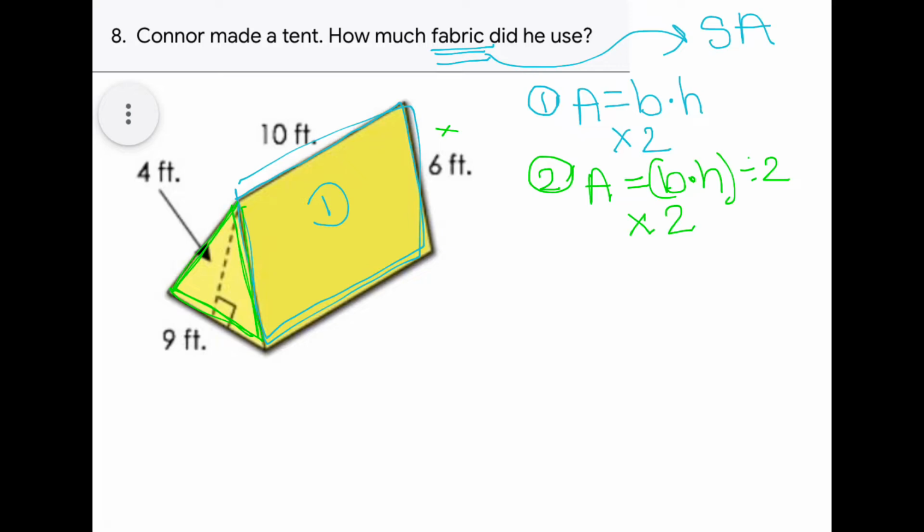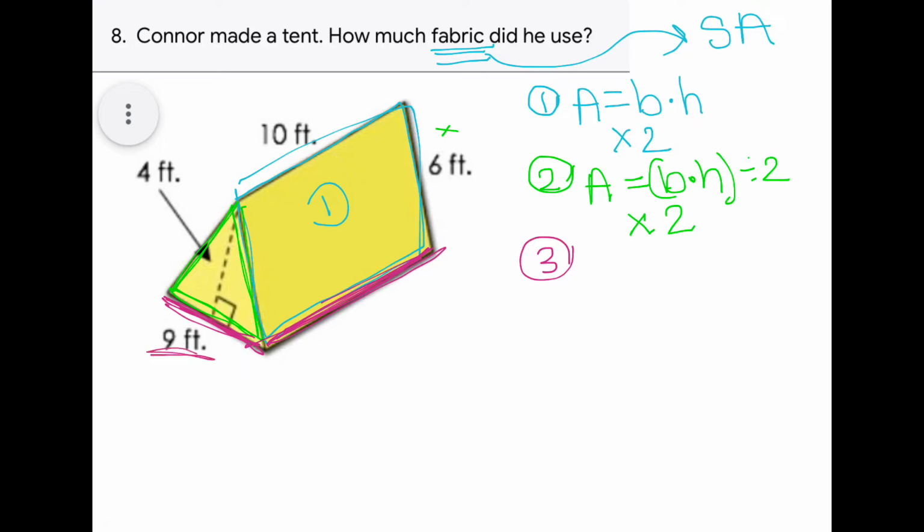Now, I know you can't see this, but there is a third piece. Every tent has a bottom, because you wouldn't just be sleeping straight on the ground. There is like fabric on the bottom of every tent. So we need to figure out the fabric of the bottom.